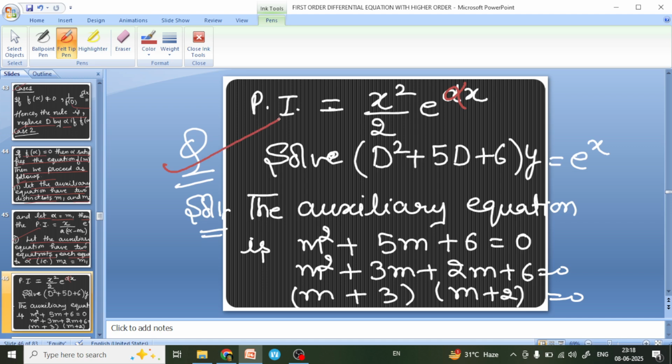Now we have a given equation: (D raised to power 2 plus 5D plus 6) y is equal to e raised to power x. We have to solve it. The auxiliary equation is m square plus 5m plus 6.